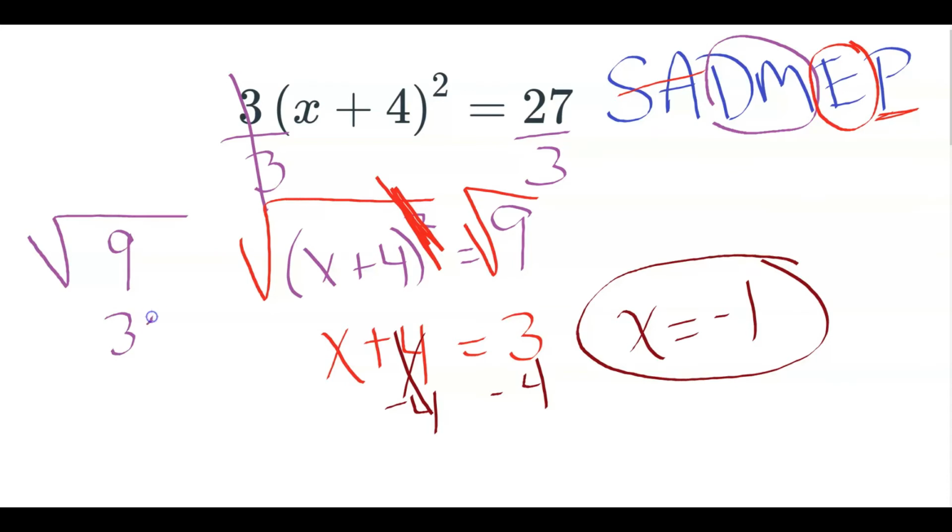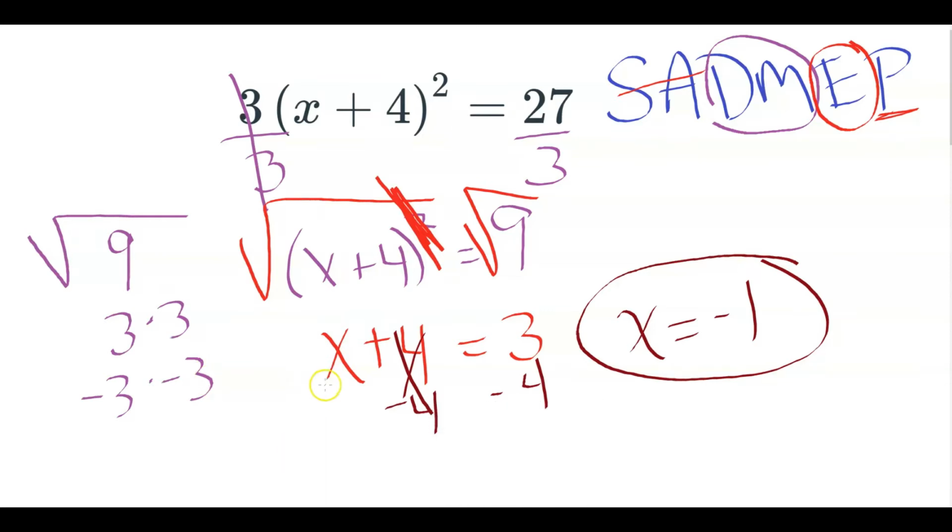We say that because 3 times 3 gives me 9. Well, the same can be said for negative 3, because negative 3 times negative 3 also gives me positive 9. So a square root will have two opposite signs. The square root of 9 is positive 3, and it's also negative 3.